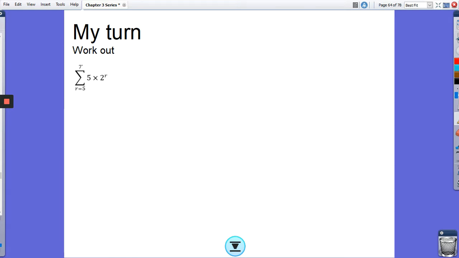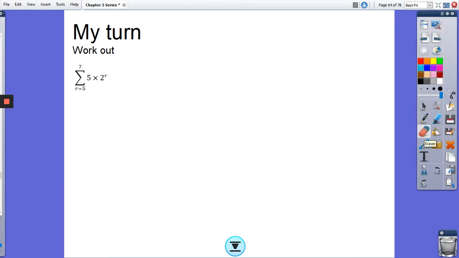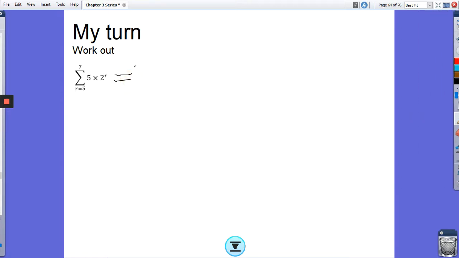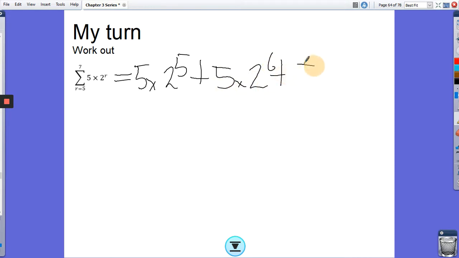So on this example, what we're going to do is 5 times 2 to the 5, add on 5 times 2 to the 6, add on 5 times 2 to the 7, which if you plug that all into your calculator, you should get 1,120.